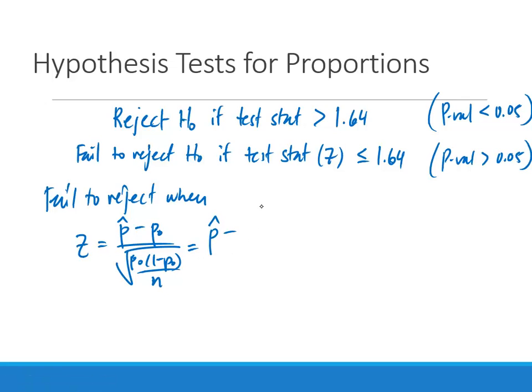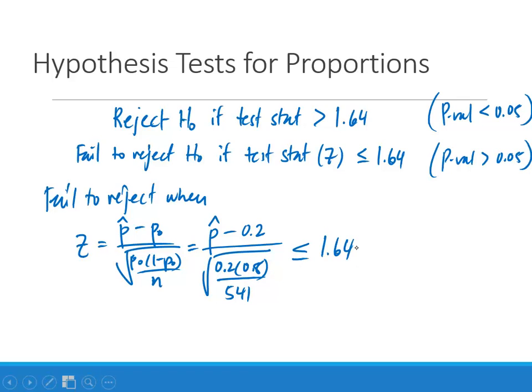I want to figure out what value will cause me to reject. My hypothesized value from the null hypothesis is 0.2, so 0.2 times 0.8 divided by 541, which is my sample size. I'm going to fail to reject when this is less than or equal to 1.64.